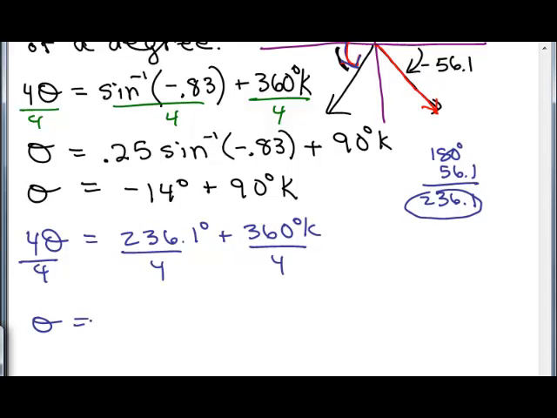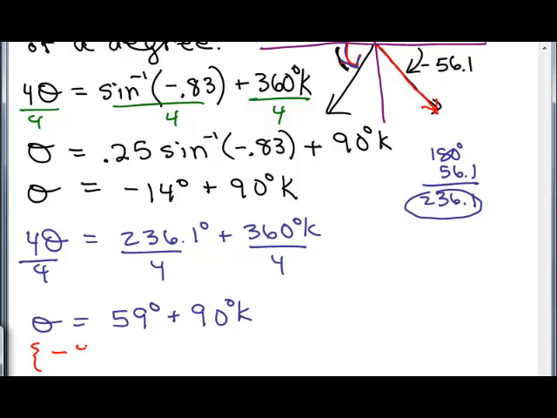And so we take the 236.1, divide by 4, and I got 59.025, so I'm just going to write that as 59 degrees plus 90 degrees K. So we've got two different solutions.